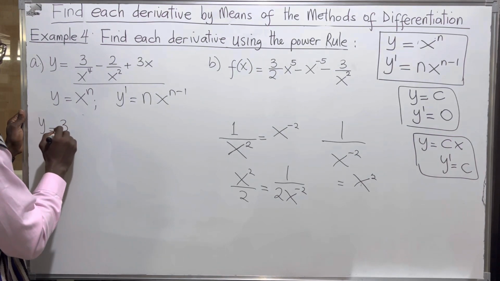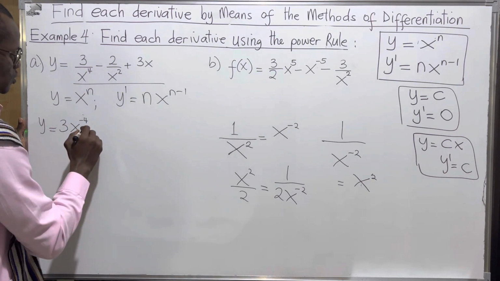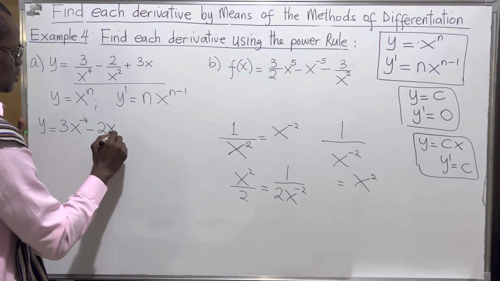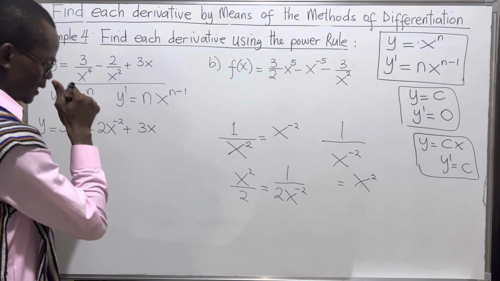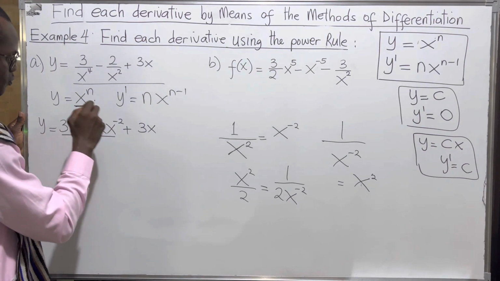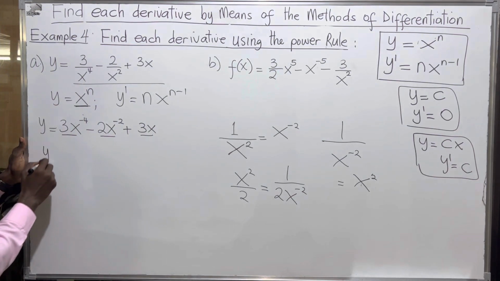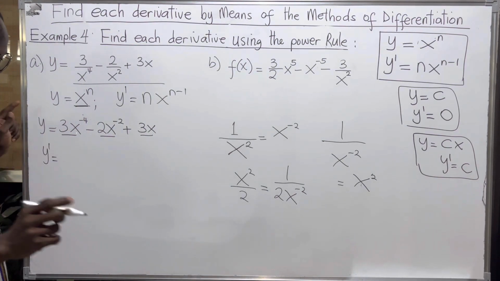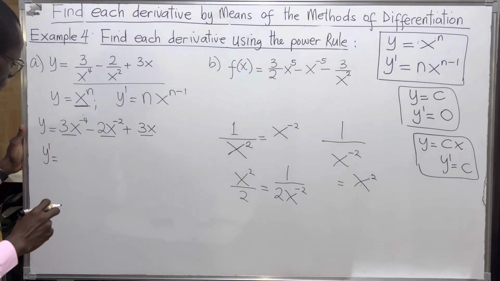So we have 3x raised to the power minus 4, and this one you have minus 2x raised to the power minus 2 plus 3 times x. Now, because each term is in this form, we can now apply the power rule. So we say y prime. Now note that we did not put prime here because we were not differentiating.